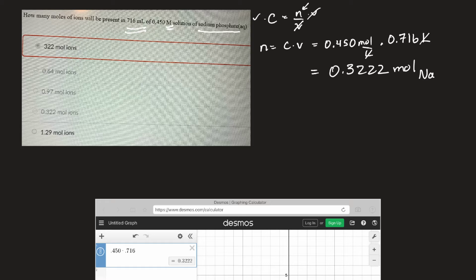So that's Na, okay, phosphate's PO4. It's a 3 minus, sodium's a 1 plus. We need a 3 there. So it's sodium phosphate. But they want to know the moles of ions. So now what I need to do is write a dissociation equation. Let's do that over here.